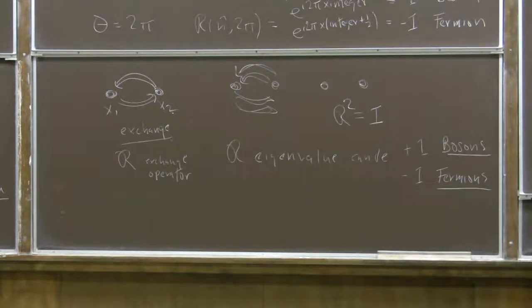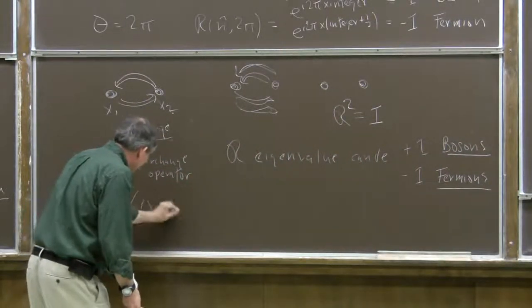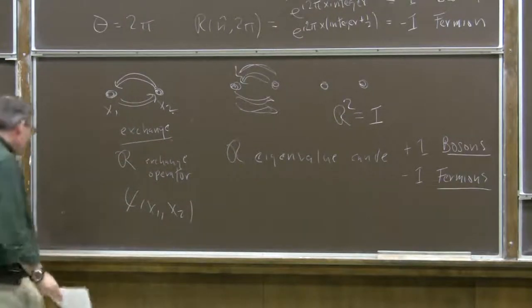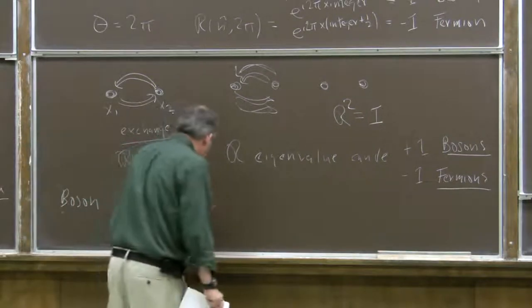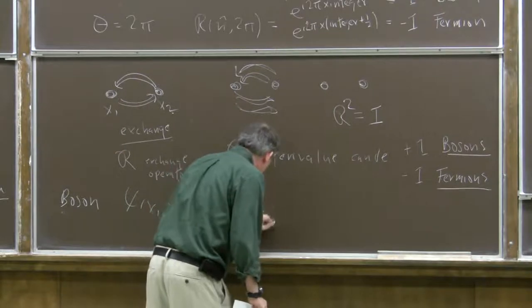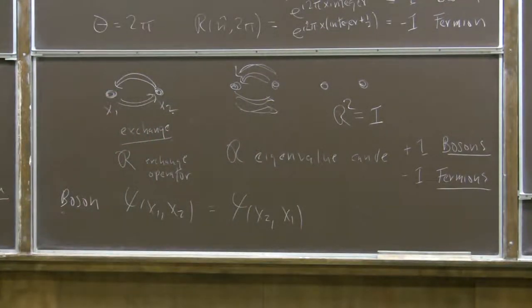So another way of saying it is, if I think of the wave function as depending on the positions of 2 particles, in the case of a boson, the wave function is a symmetric function of the positions. So if I swap x1 and x2, it has the same value.